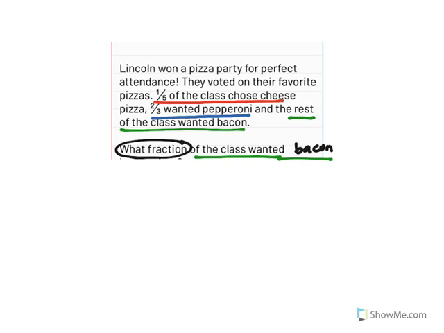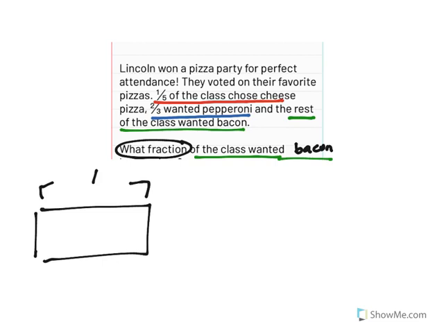So again, we see that it's not asking for the number of students, it's asking for a fraction of the students. So we don't have to know how many students there were, but we're just going to represent the number of students with one whole because we don't know how many there were.